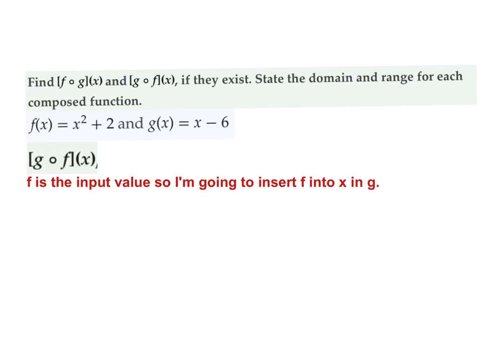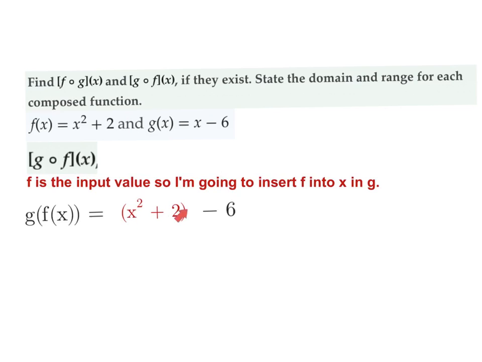All right, so in this case, we're taking the function f and we're plugging it into x in g. So the function f is the input value. How many did that? Okay, so that's going to look like x squared plus 2 minus 6.